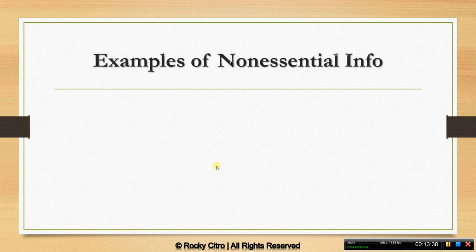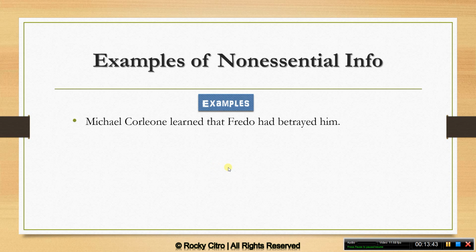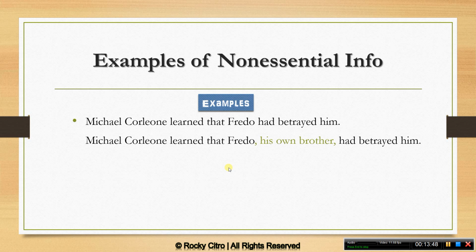Let's look at some more examples. Here's a base sentence just to have something to work with. Michael Corleone learned that Fredo had betrayed him. So we want to add something into the sentence. Now when I say extra information, we could add in a transition. It could be effect, emphasis, clarity, context.